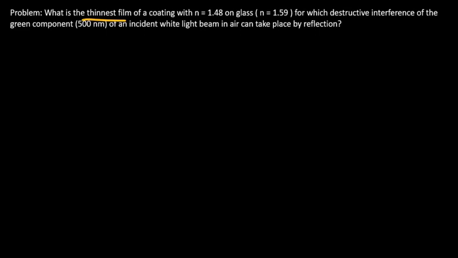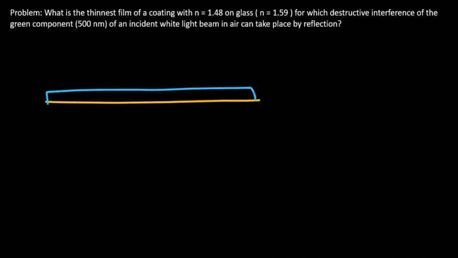To understand this, let's look at the following problem. What is the thinnest film of coating with index of refraction 1.48 on glass, whose index of refraction is 1.59, for which destructive interference of the green component of an incident light in air can take place by reflection? So basically what you have is that is air. This is the coating with index of refraction of 1.48.